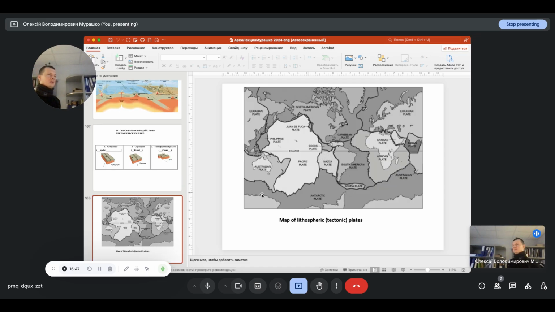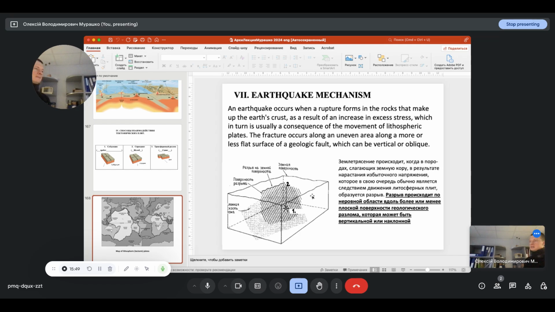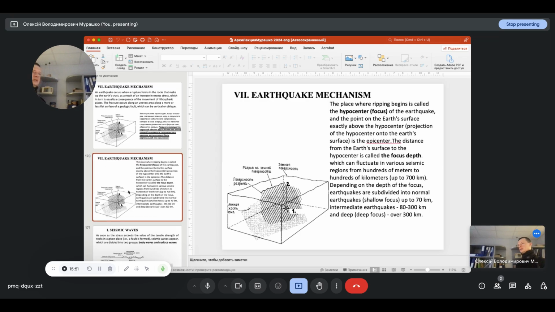It's a map of lithospheric tectonic plates, and here we can see the mechanism of the earthquake. We have a hypocenter, the focus of the earthquake, and the epicenter, which is located above the hypocenter.